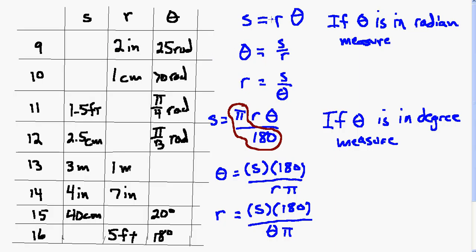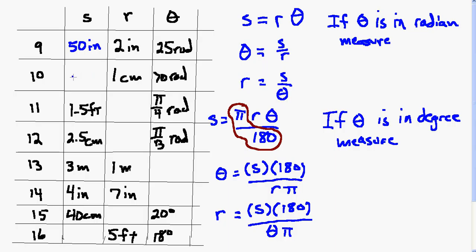My answer here should be 50, and that's going to be in inches. Here again, I'm using radius times theta, and theta is again in radians, so it's 1 times 70, and so that will be 70 centimeters.